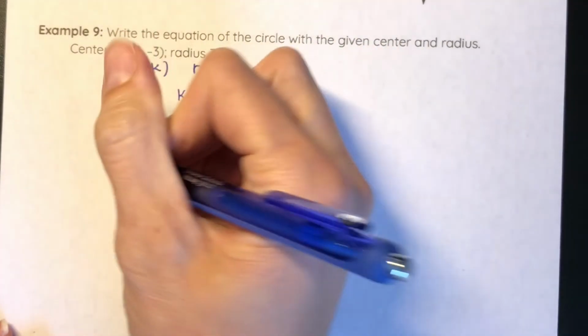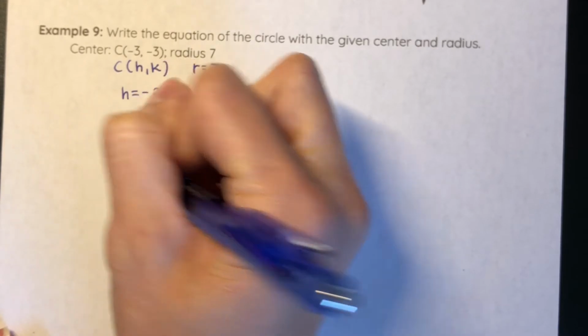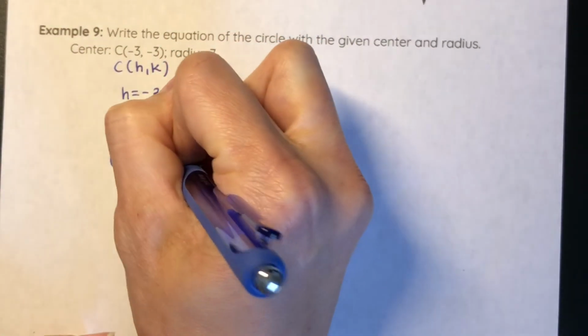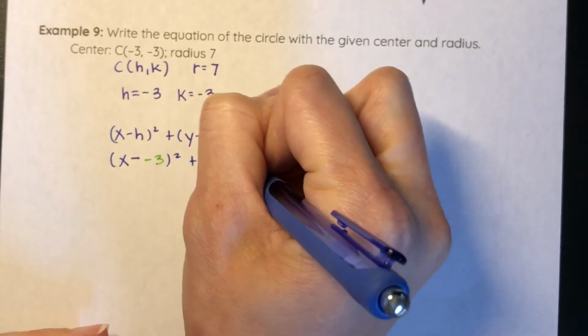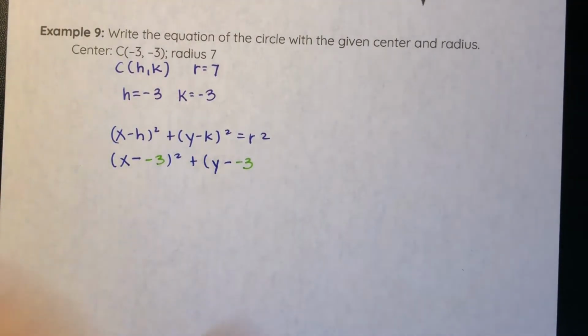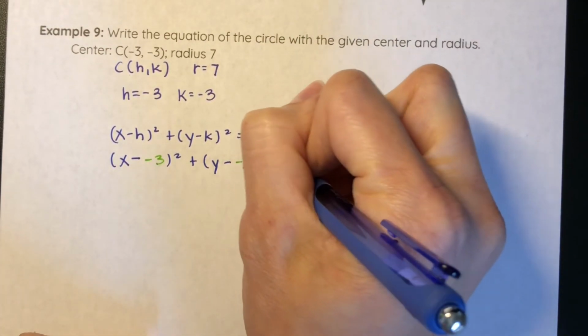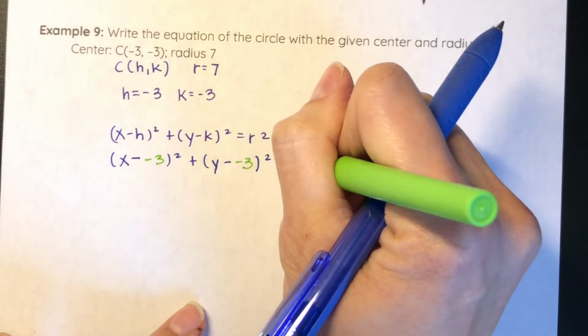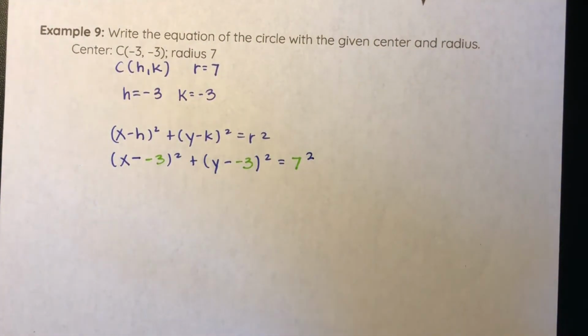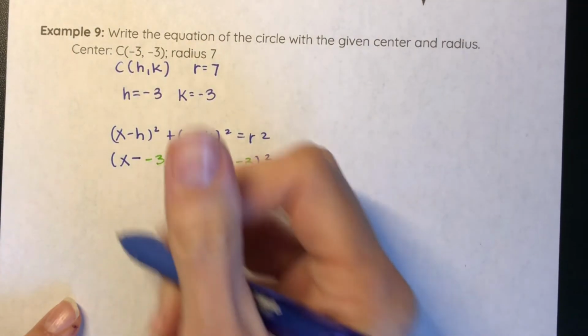So I know that h is negative 3, so x minus negative 3 squared plus y minus k, where k is negative 3, squared equals the radius, which is 7 squared. Now all I have to do is simplify, and I'll have my equation.